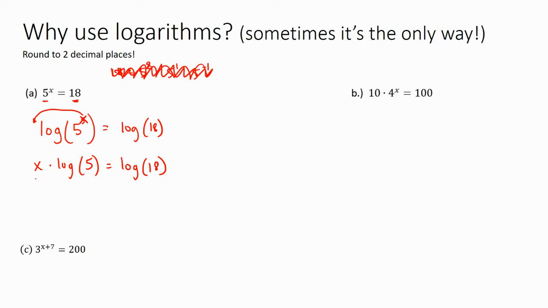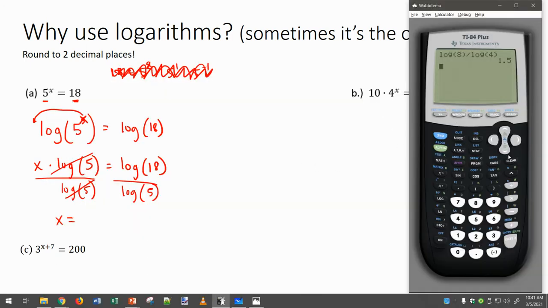And now I can divide both sides by log 5. Sometimes students get sick of writing log all over the place, so I can show you maybe on the next one how we can eliminate some of that.